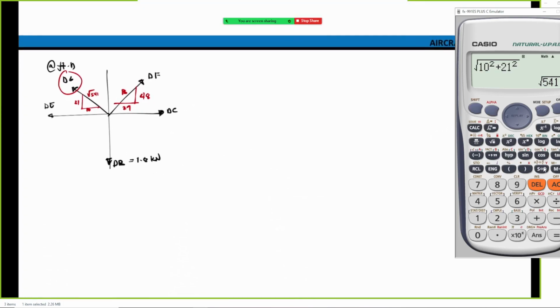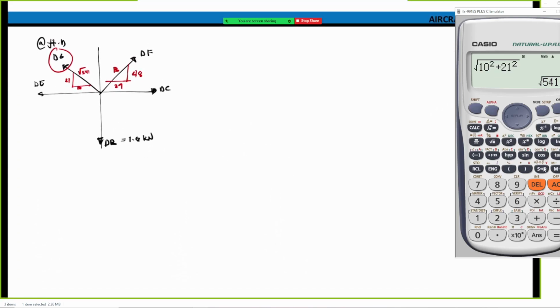So, summation forces X, no, makukuha na natin yan. Y pala. Is equal to 0, going up is positive. So, negative DB, positive 21 over square root of 541 DG, positive 48 over square root of B DF is equal to 0. Correct?